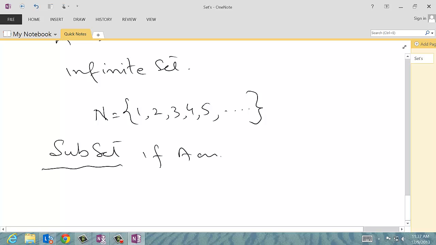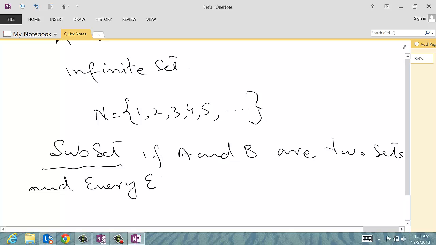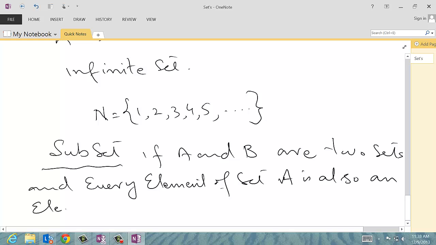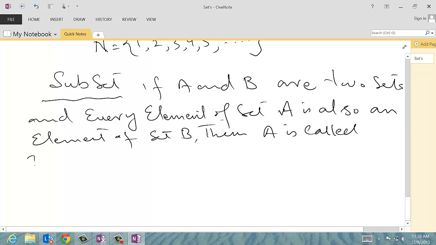If A and B are two sets and every element of set A is also an element of set B, then A is called a subset of B.